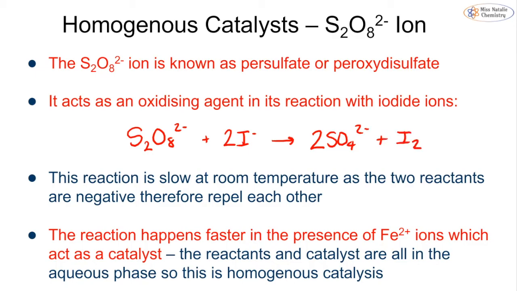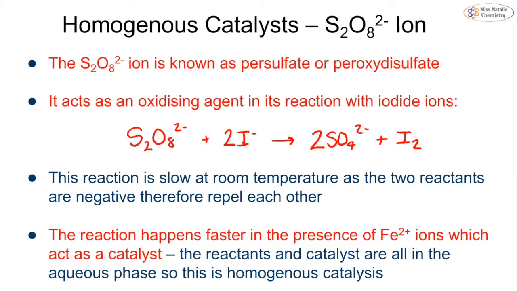The problem with this reaction, hopefully you can see right away, is that this is 2 negative ions. And negative ions, of course, repel each other. So at room temperature, this is an extremely slow reaction to the point where it almost doesn't take place. And it's because of this repulsion between these negative ions.